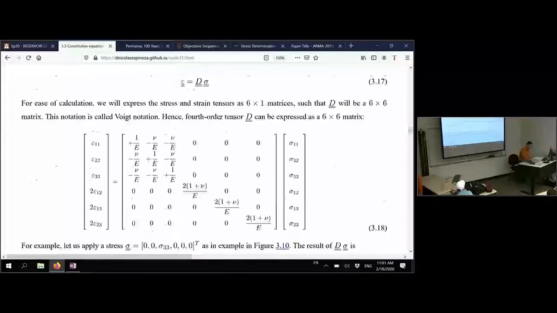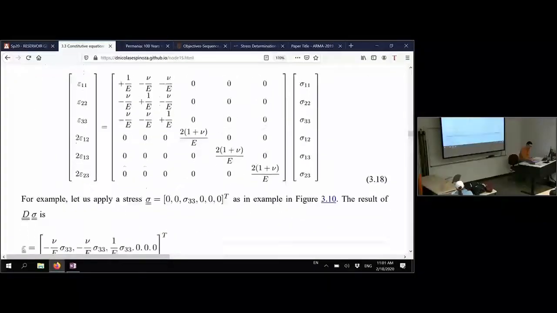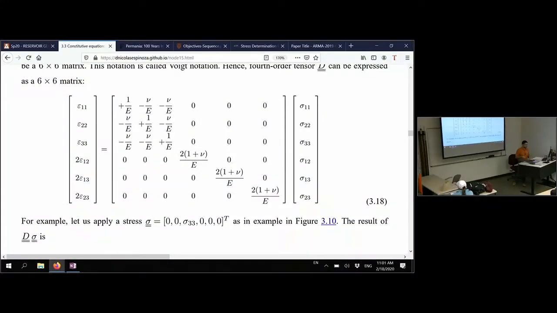And for our simplified case today, we're going to utilize linear elasticity that tells us that if we know the stresses, what are the strains as a function of the properties of the solid. You could also think of this equation as this is the input, these are the properties of the system, and this is the output.